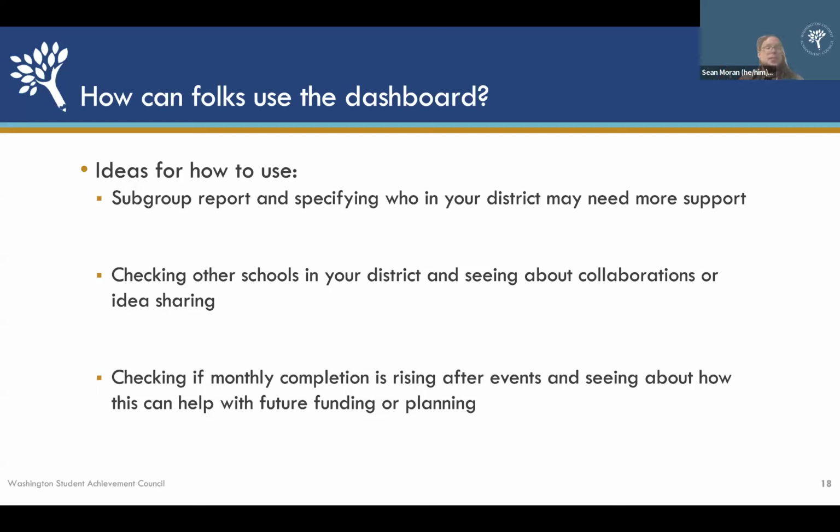We were at 29%. And now we're at 32%. This is something that can really help in terms of figuring out if you need additional support or also looking at maybe ways you can refocus if you didn't feel like the event really had the push needed. And so hopefully using the data for those purposes.